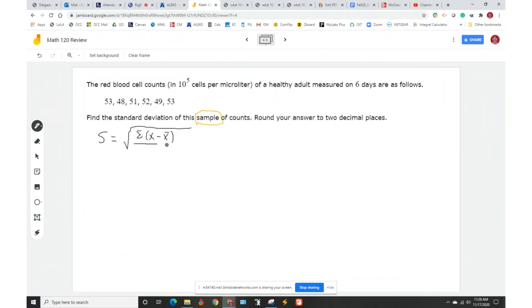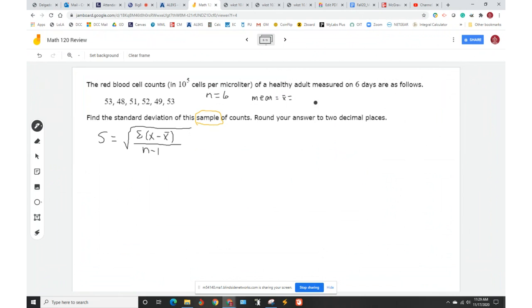Now here's the big difference. N minus 1. All right, so we're going to put here N is equal to 6. And then we're going to say the mean is equal to, and I'm just going to put that little symbol X bar.